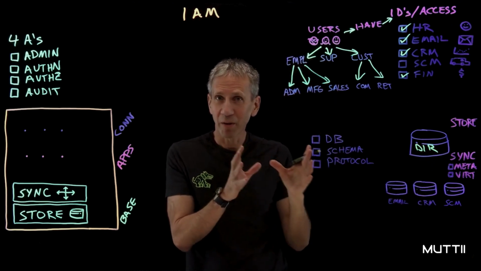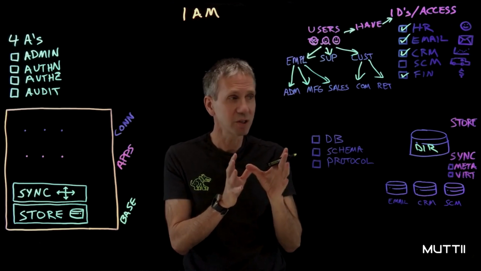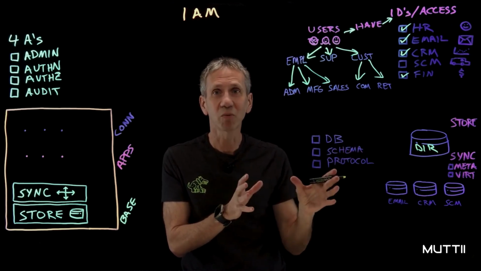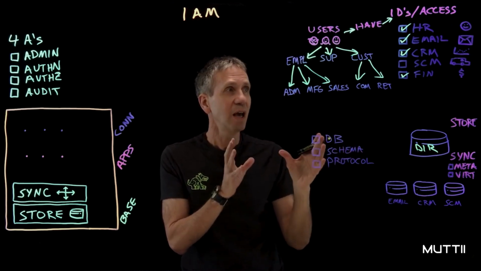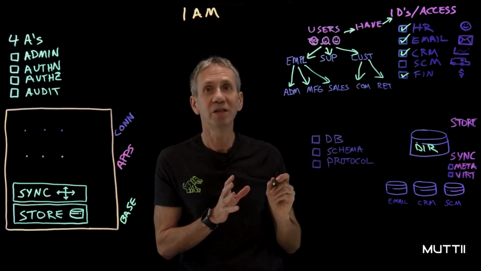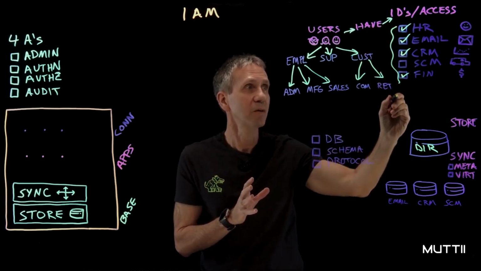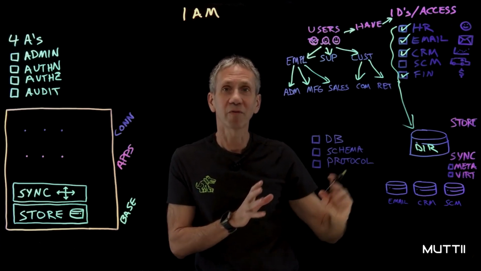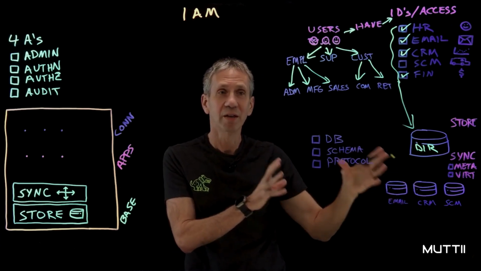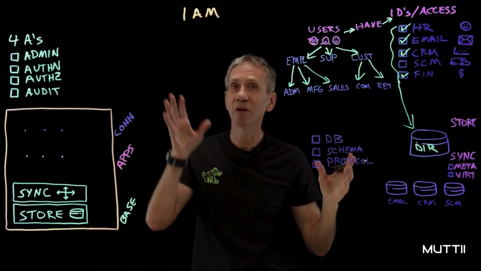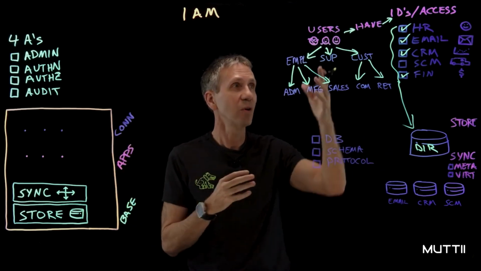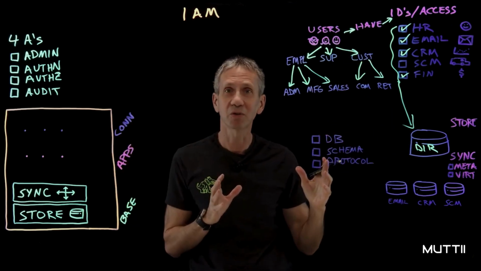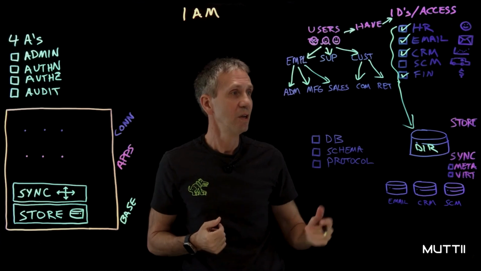Now, there are some people that have more narrow definitions of directories, but I'm going to tell you a directory is wherever we store user information. And what I need to do is for each of these systems that are up here, I need to be able to store their information in a directory so that I can then look up and do the authentication and authorization, so I can store their accounts in the administration step and so forth.